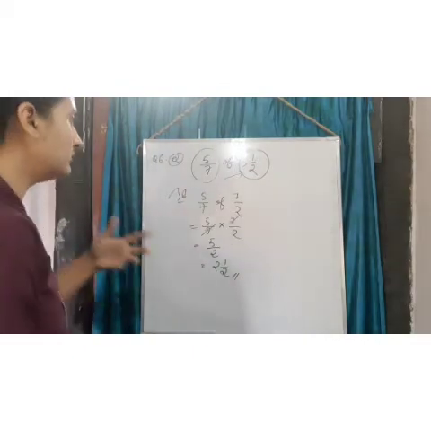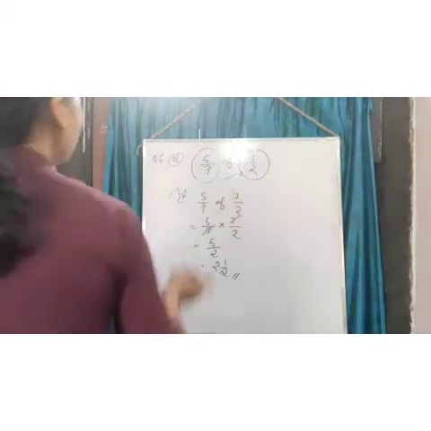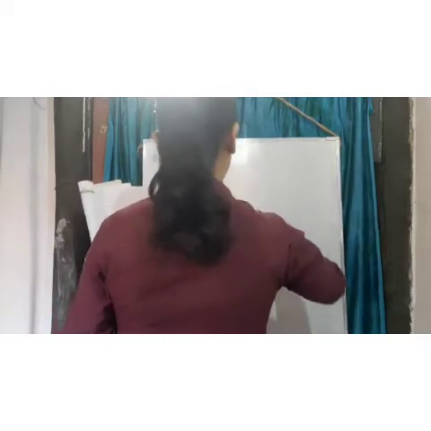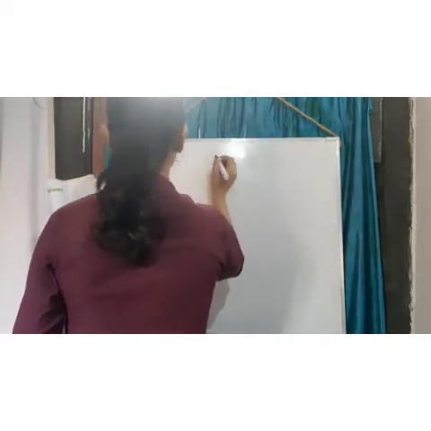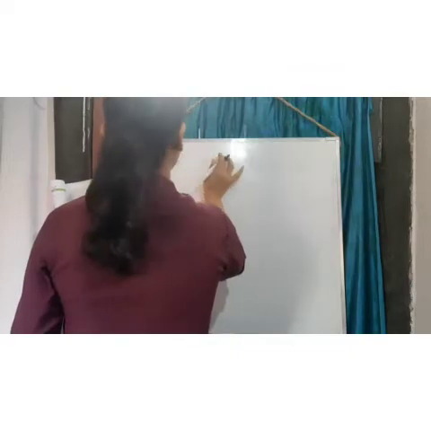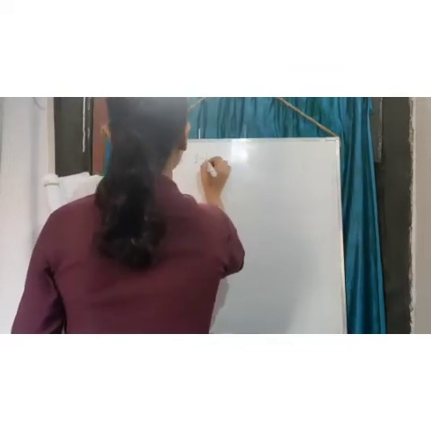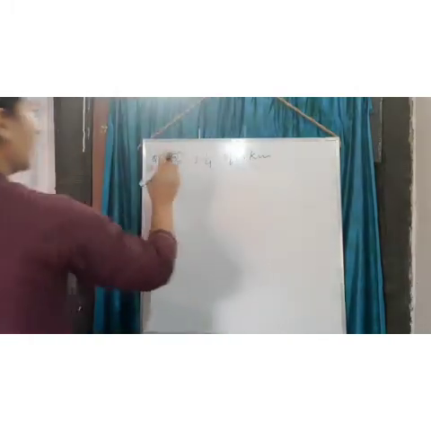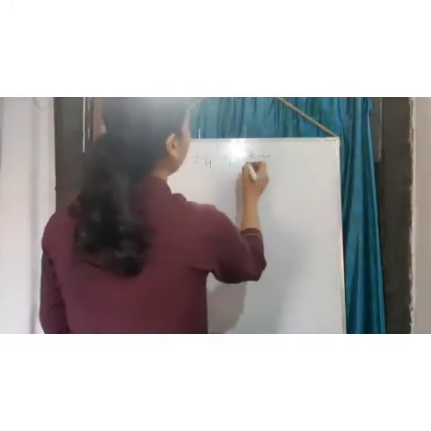So let us try one more question, so that you can understand this question better. So let us try E. 1 1 by 4 of 8 kilometers. So how much 1 1 by 4 will be of 8 kilometer?